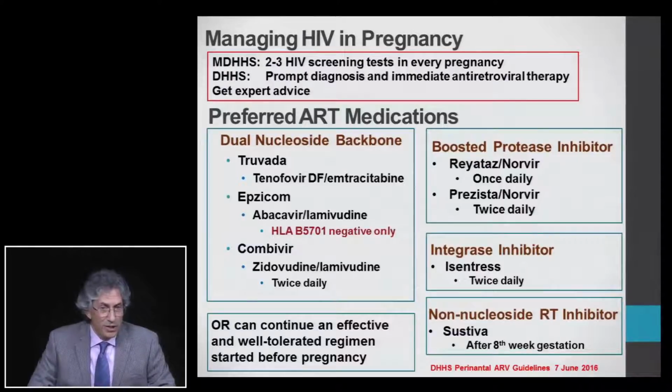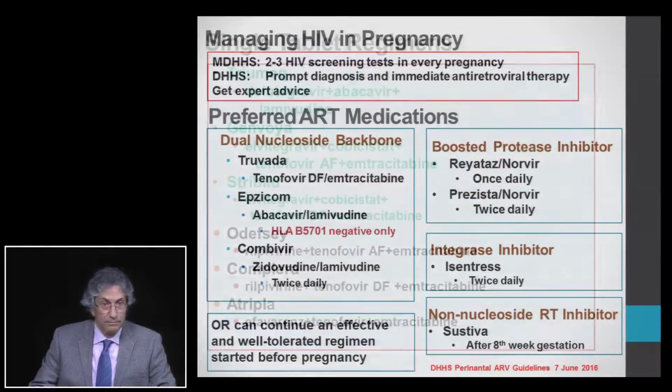And even if it was Sustiva, the guidelines say by the time you've diagnosed their pregnancy, you're probably past 8 weeks, and the risk has already happened if it's present. It's another reason to avoid Sustiva in women who could potentially become pregnant. But ordinarily, we don't have to change an effective regimen in a woman who becomes pregnant. These guidelines are really for regimens to start when HIV is diagnosed in pregnancy.